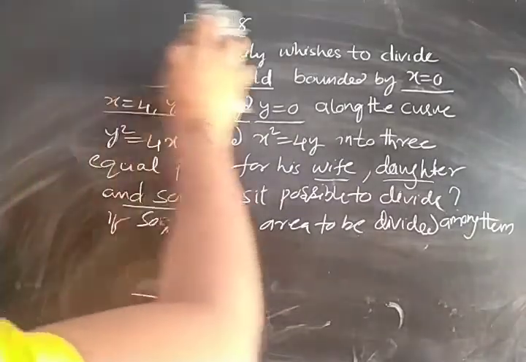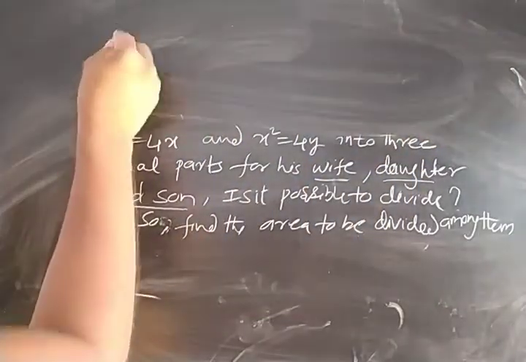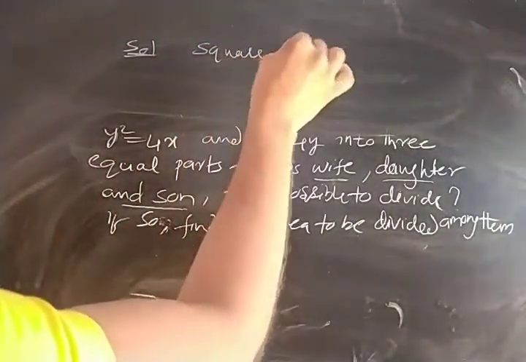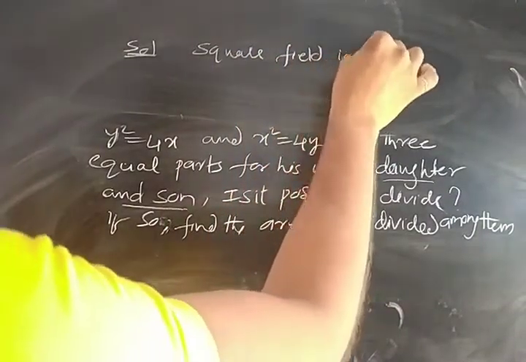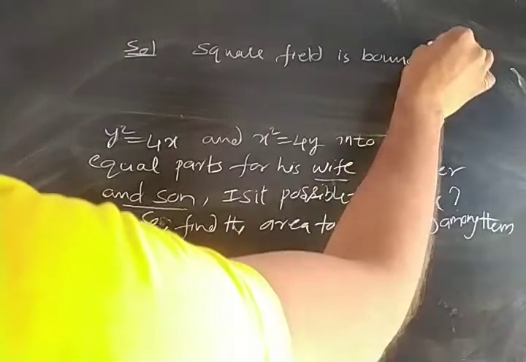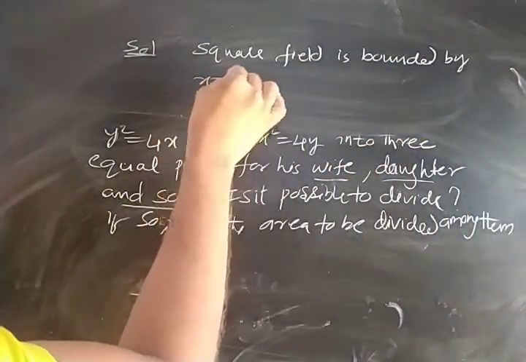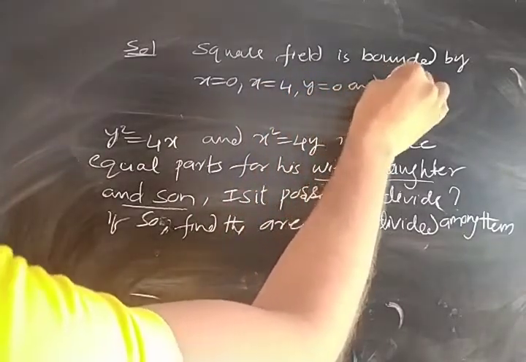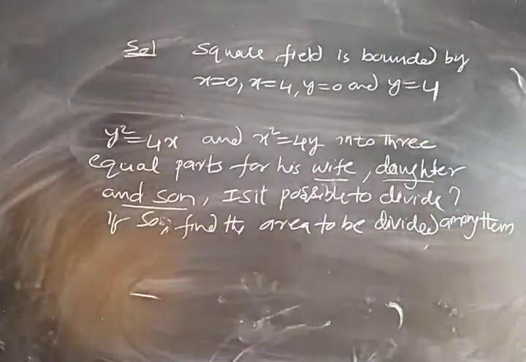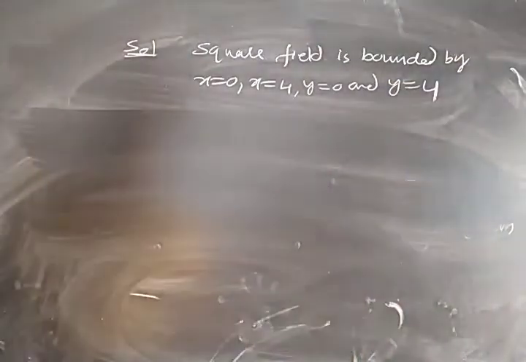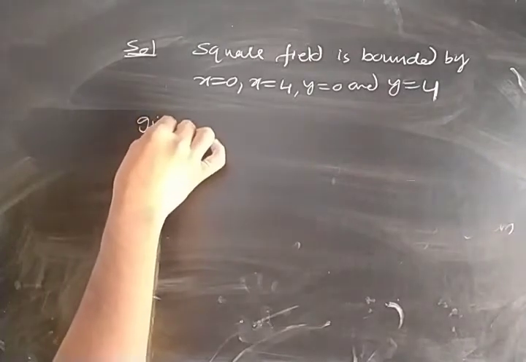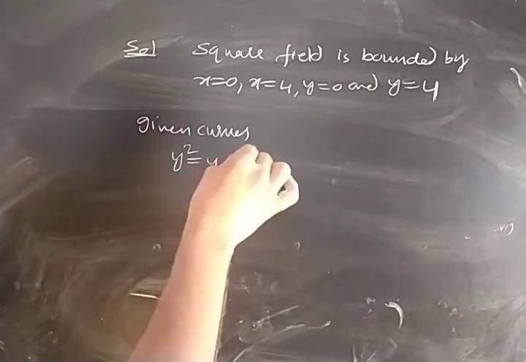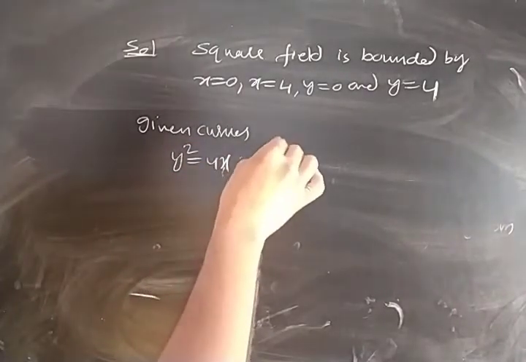So, solution. The square field is bounded by x equal to 0, x equal to 4, y equal to 0 and y equal to 4, and the given curves are y square equal to 4x and x square equal to 4y.